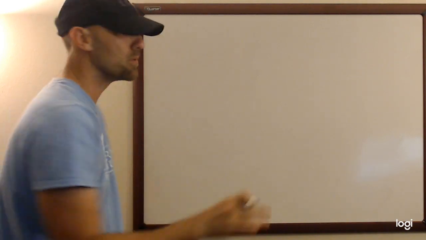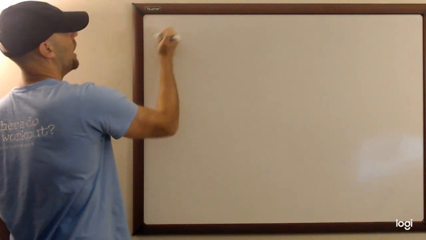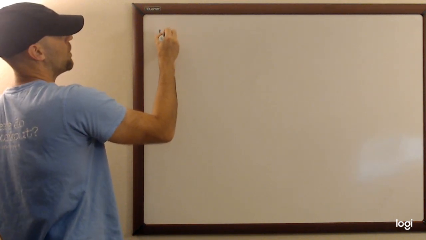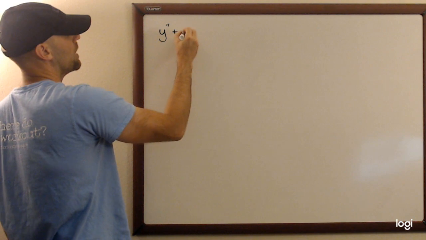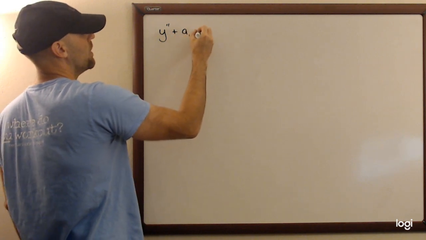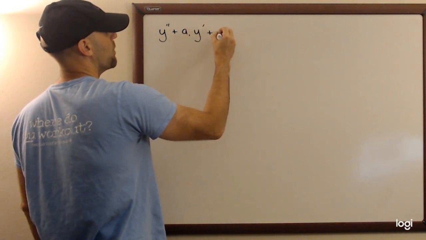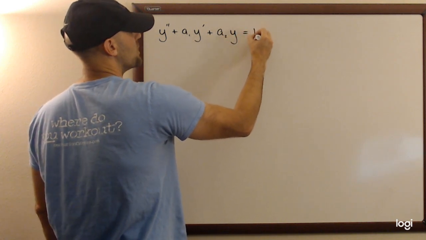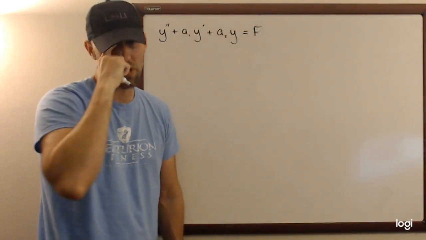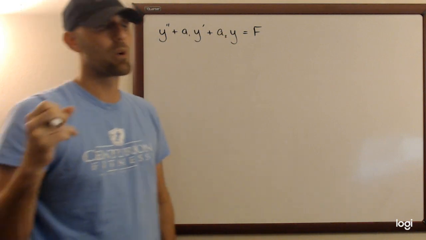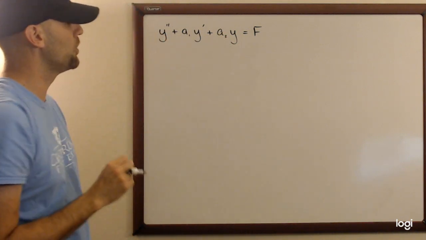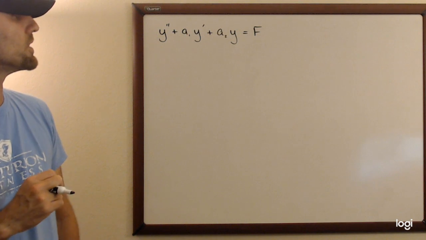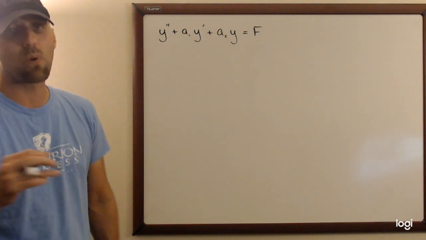So suppose you have the following differential equation. I've got y double prime plus a1 y prime plus a2 y, non-homogeneous, equal to some function f here. Now before, we required a1 and a2 to be constant. I'm not going to require that now.